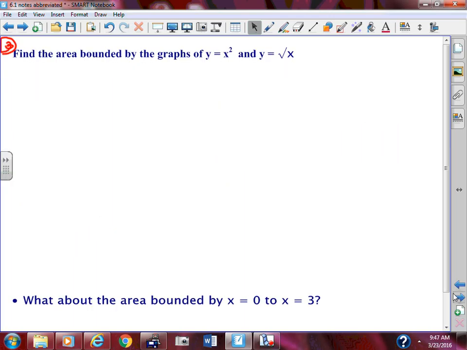All right, now I want you to look at question number 3. The entire test that I give you in chapter 6 is going to be all graphing calculator allowed.